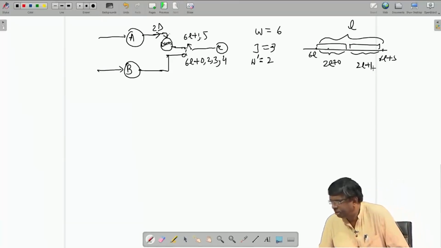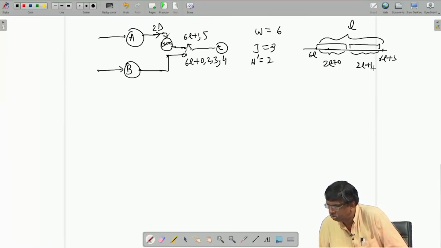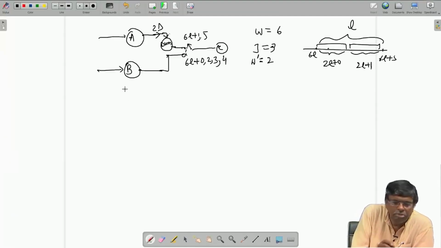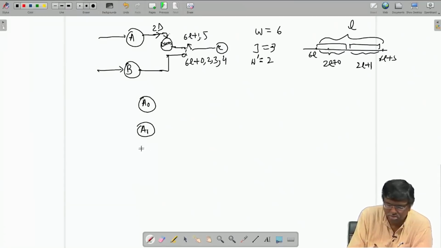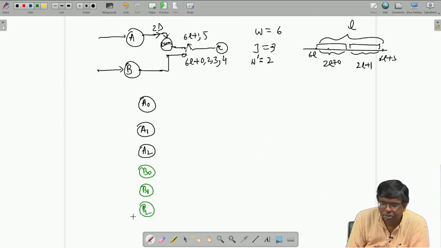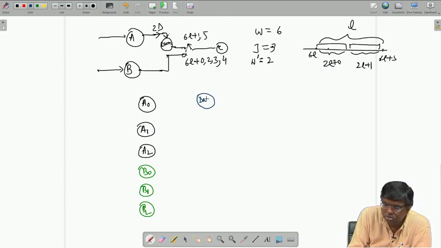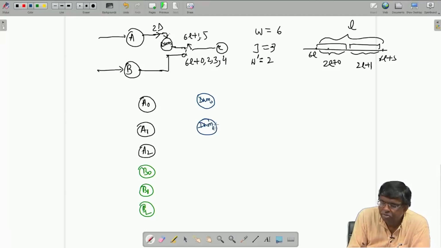So, A0, A1, A2, then B0, B1, B2, DUM0, because every node will be copied parallelly 3 times, because J is 3.